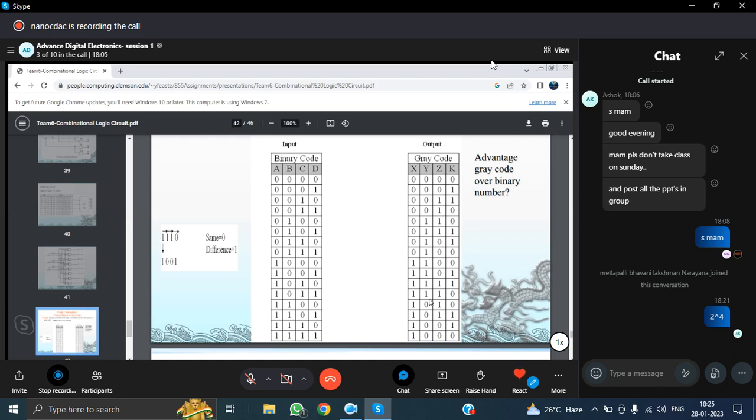If you don't know, you can look in number conversion.